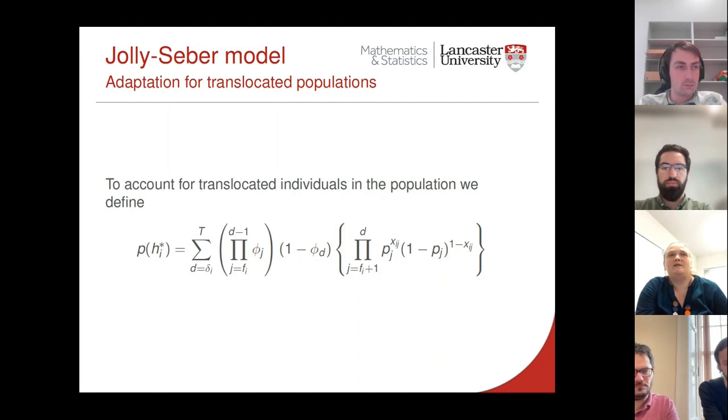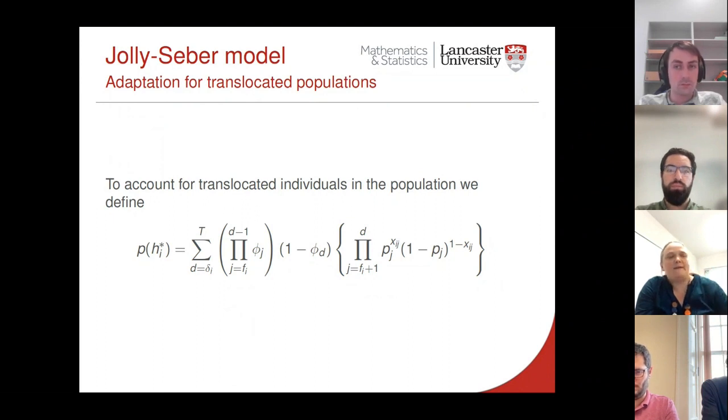The difference between the translocated population and a normal population for a Jolly-Sieber model is that we know that the total number of individuals there at the start of the study is just equal to the number we have put there. So we know that value of N_1 in a translocated population.